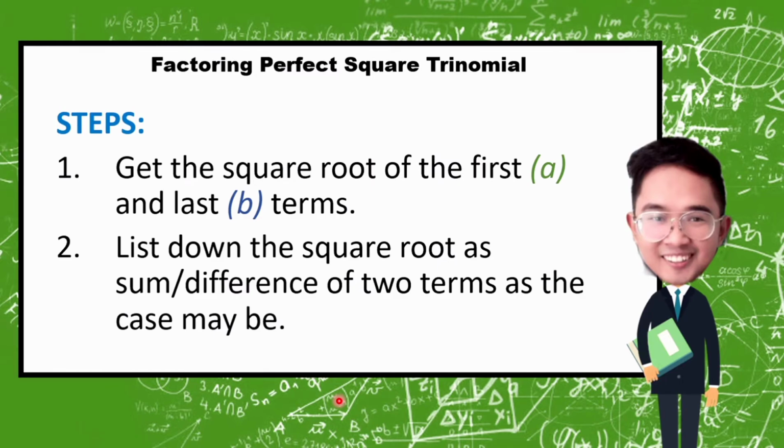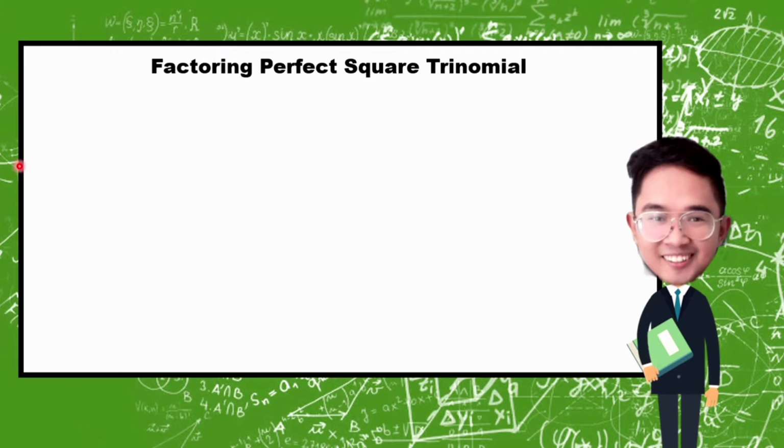Here are the steps that you need to follow in order to factor perfect square trinomial. First step, get the square root of the first and last terms. Second, list down the square root as sum and difference of two terms as the case may be. Let's have example number 1.